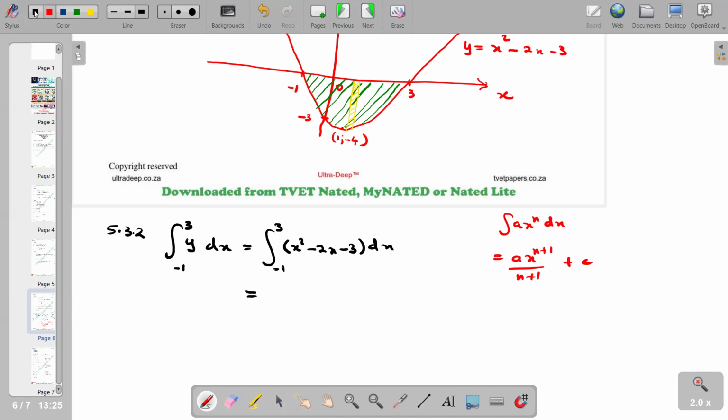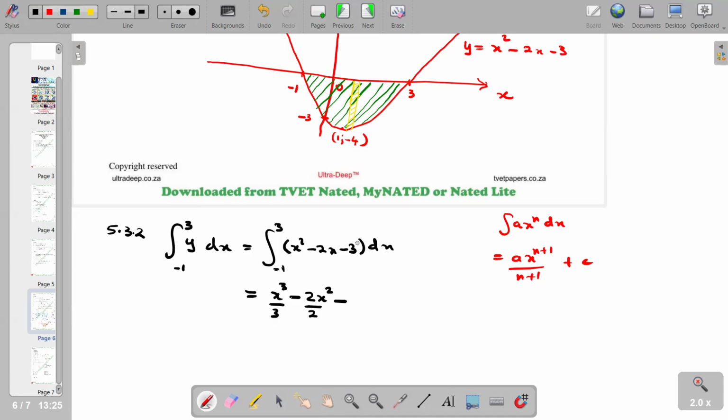So in this case, x squared, when you add 1 to the power, it's going to be x cubed over 3, minus 2, x to the power 1, when you add 1, it will be x squared over 2, minus 3.